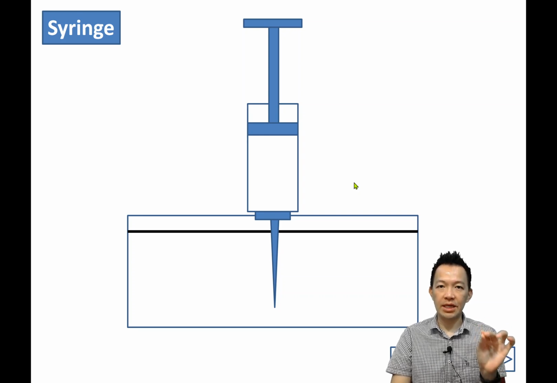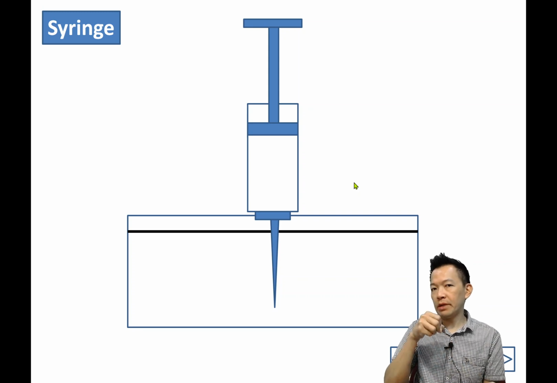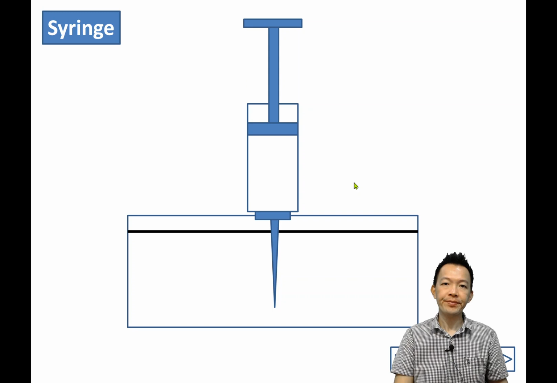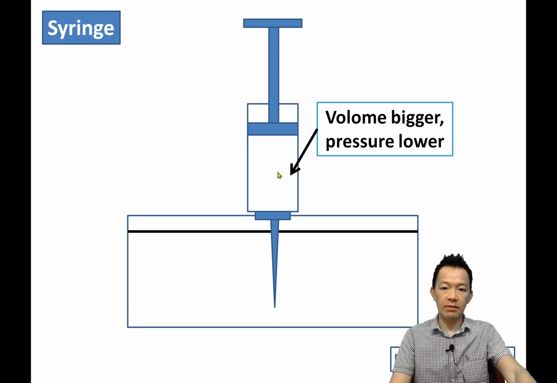So now what happened? For you, what you say is sucking the water, 把水吸上去，对不对？ So why, when you pull the plunger, does the water enter the syringe, 水就跑进去呢？ When you pull the plunger, the volume of the gas becomes bigger, 气体的体积增加了, and the air pressure becomes lower.